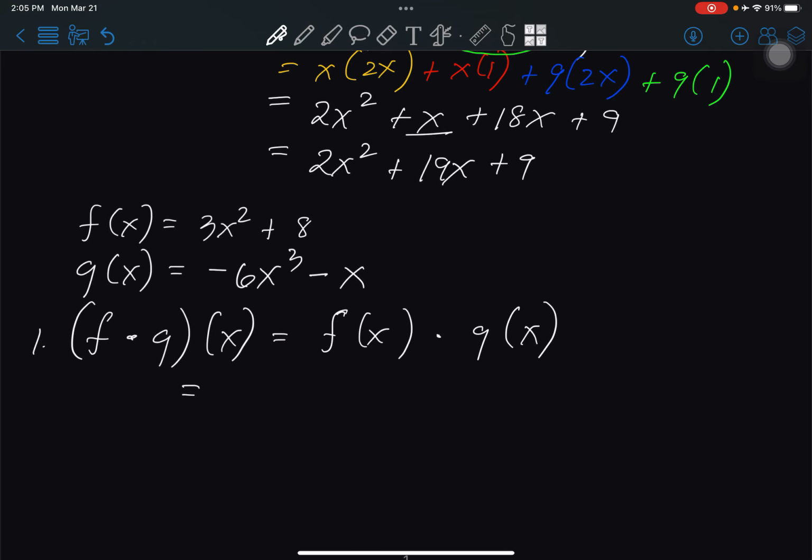So let us just replace or substitute the values of f of x. So we have 3x squared plus 8 multiplied by minus 6x cubed minus x. Okay? Now, we are simply going to use our distributive property, or you can simply use the FOIL method.